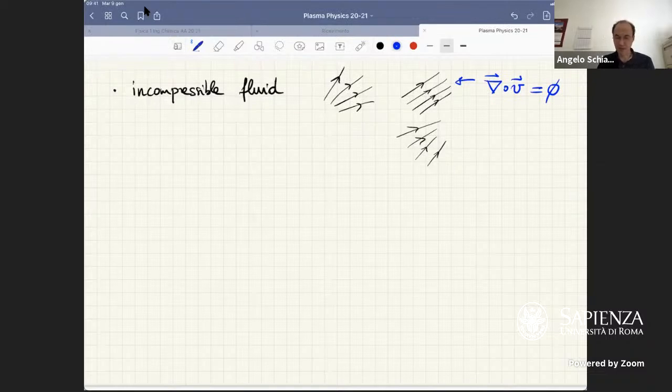If we assume that the fluid is incompressible, we can translate this into a property of the differential operator as well.